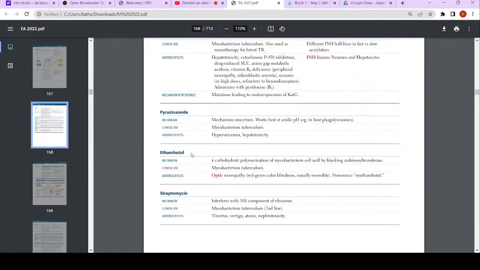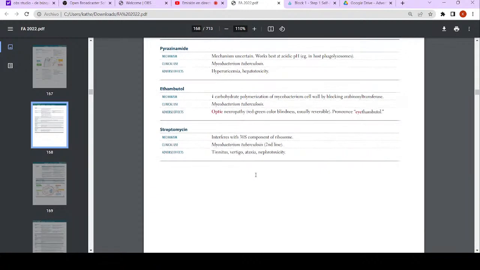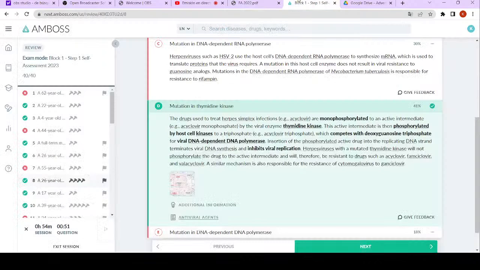Ethambutol: optic neuropathy. And streptomycin, as all the aminoglycosides, so you can remember it: tinnitus, vertigo, ataxia, nephrotoxicity. Remember that. That's it.